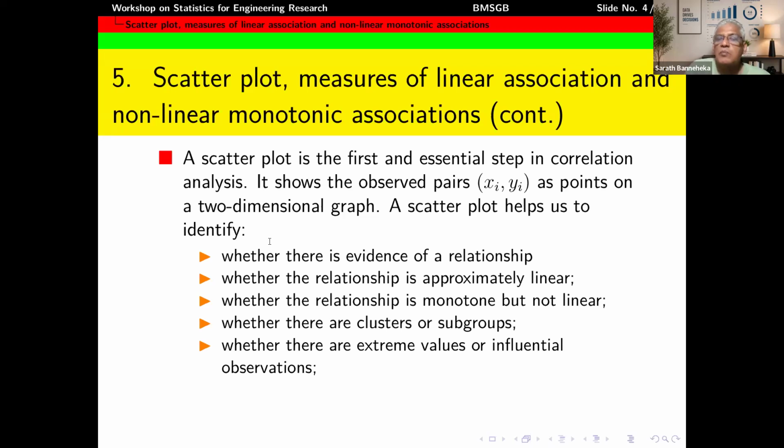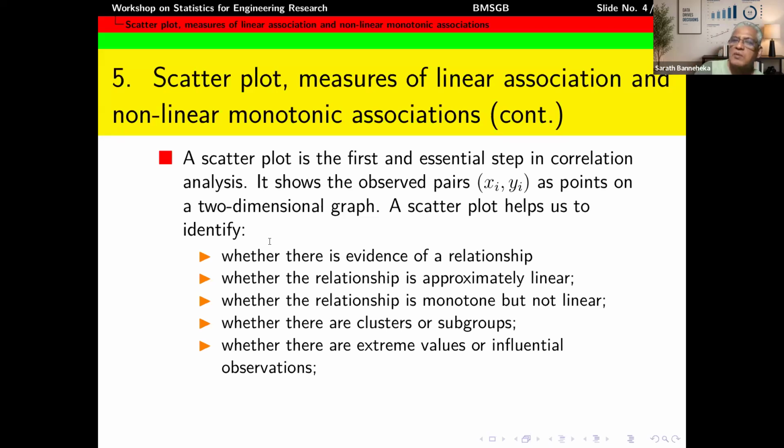Also, whether there is evidence of some clusters or subgroups, and whether there are extreme values or influential observations. So all these things can be explored using a scatter plot.